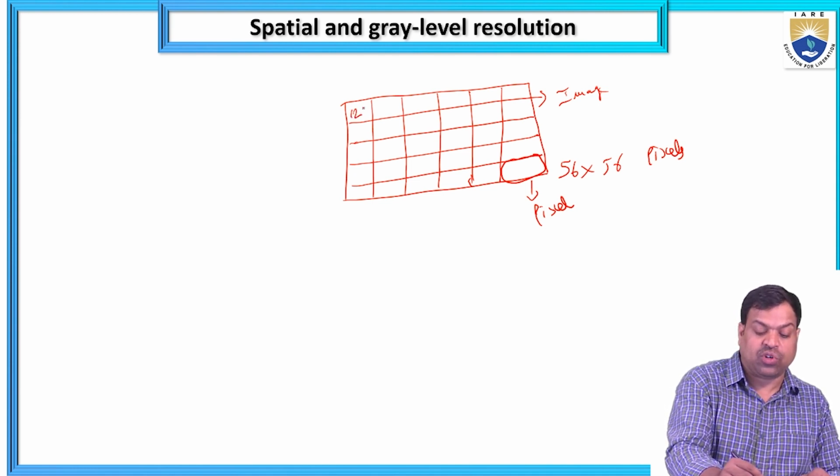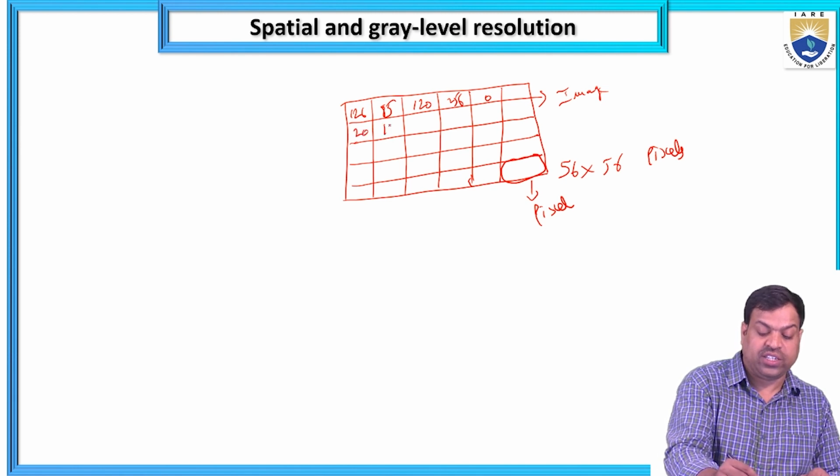For example, I am taking 126, 85, 120, 256, 0. I am leaving this one. So 20, 18, 120.